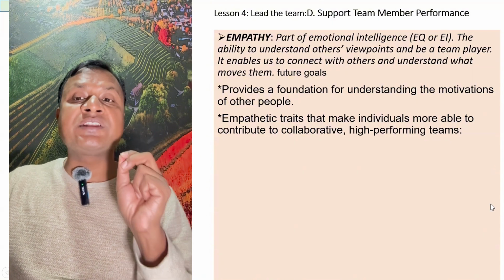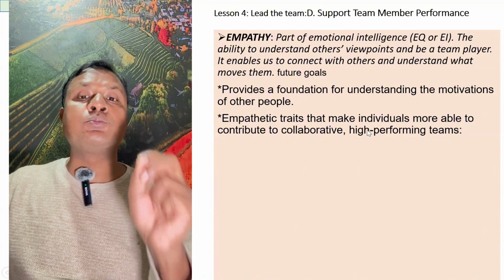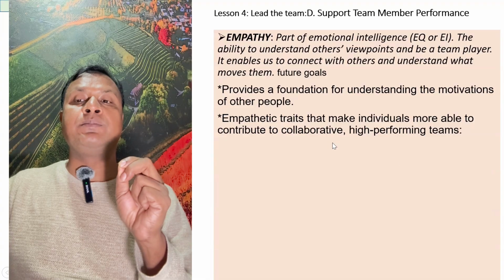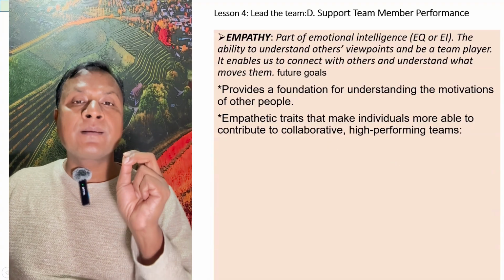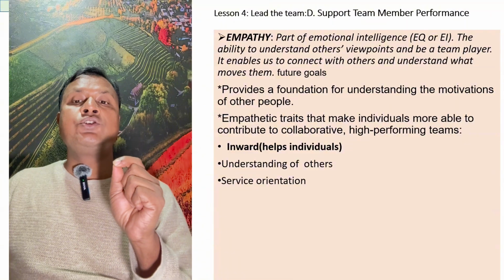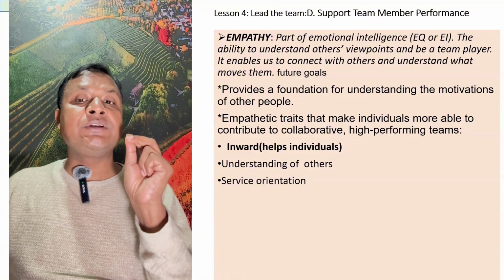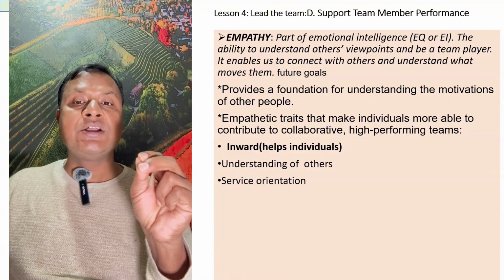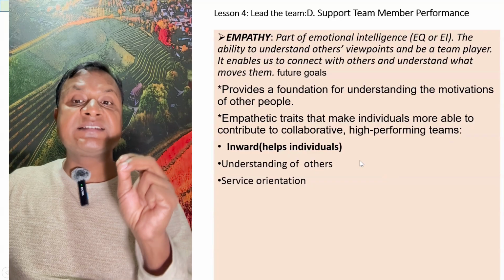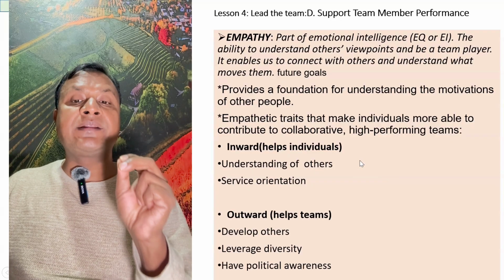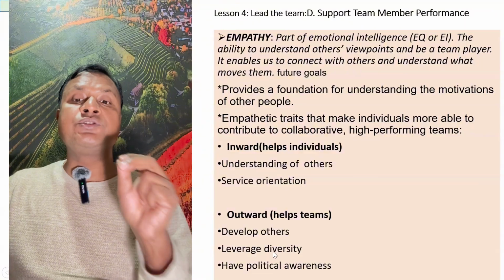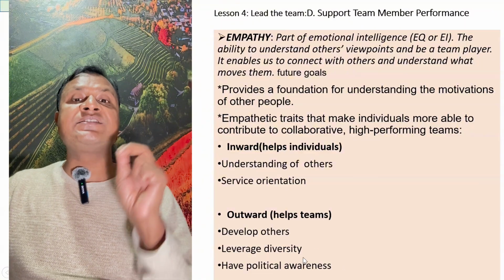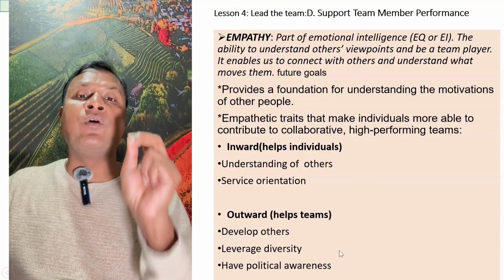So empathetic traits that make individuals more able to contribute to collaborative, high-performing teams can be established. There are 2 parts. One is inward, helping individuals: understanding of others and service orientation. Another is outward, helping teams, helping others: developing others, leveraging diversity, and having political awareness.